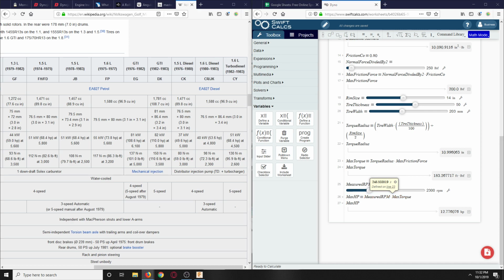But what about a 1965 Mustang? Let's see, does it have a big chart? It should have a big chart. Here we go: 1965 Mustang 289 torque and horsepower rating.